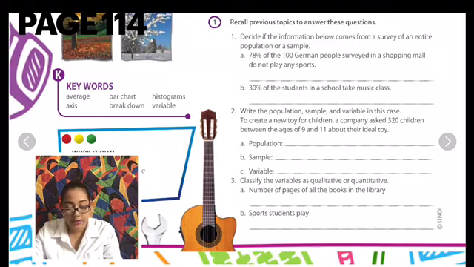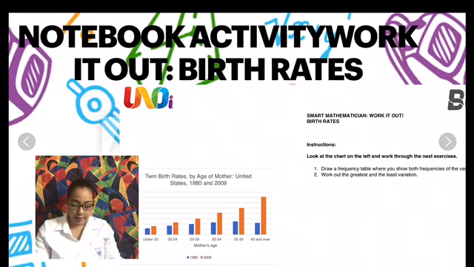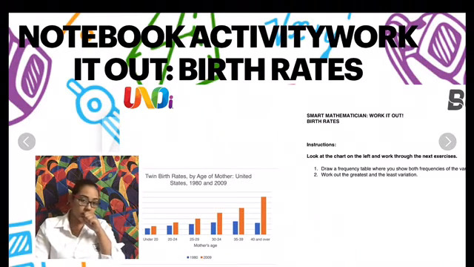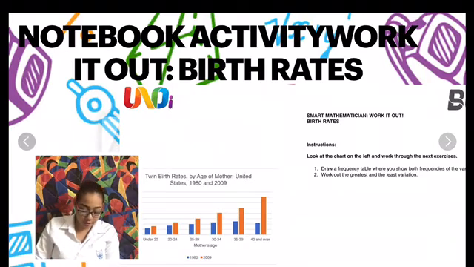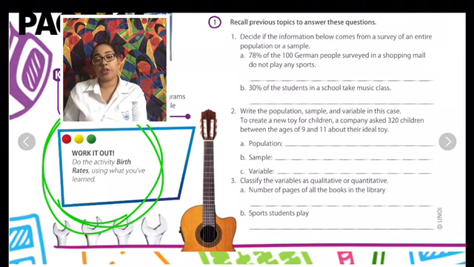Now that we finished this first exercise, we're going to work on a notebook activity located in the work it out part, called birth rates. It's located on page 140. Work it out, birth rate. You're going to do this activity in your notebook.